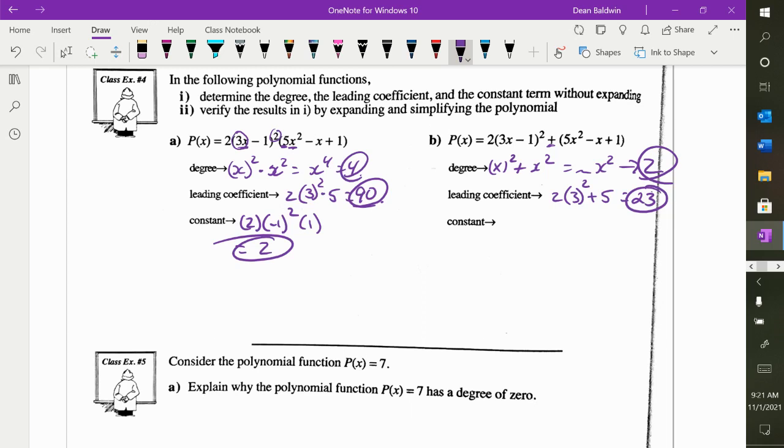And what's the constant term? 3. So 2 times -1 squared plus the 1, which is 3.